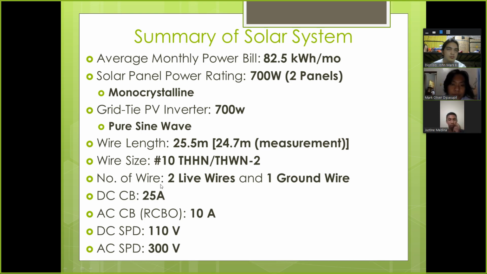Number of wires. So, dalawang live wires and one ground wire. Then, sa DC circuit breaker natin, meron tayong 25 amps. And dun sa ating AC circuit breaker or yung RCBO natin, 10 amps. DC SPD, 110 volts, and AC SPD, 300 volts.